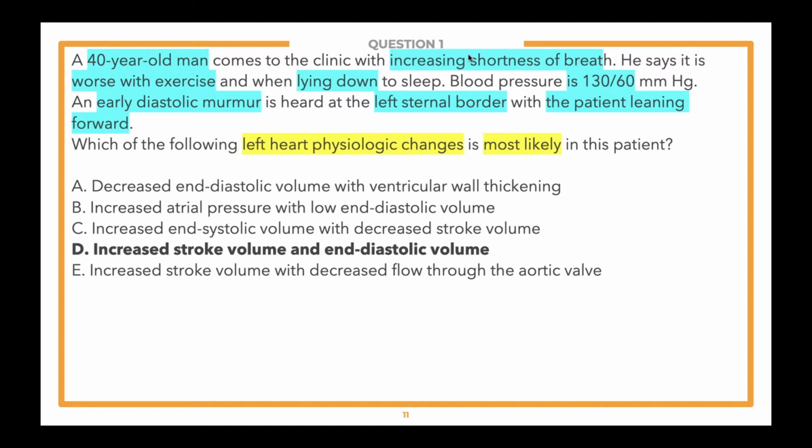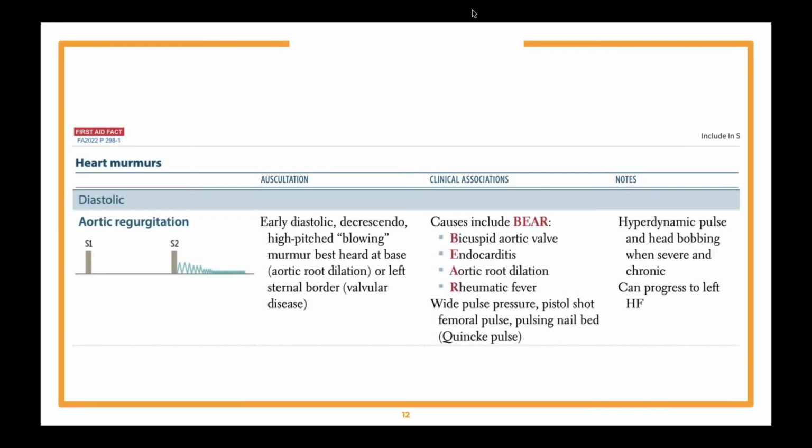Now this can be due to rheumatic heart disease, or it can be due to a congenital bicuspid aortic valve, and may be more common in a younger patient like this. So let's take a look at the next slide, and this is going over aortic regurgitation. It is an early diastolic murmur that you can hear either at the base or the left sternal border, like in our patient.